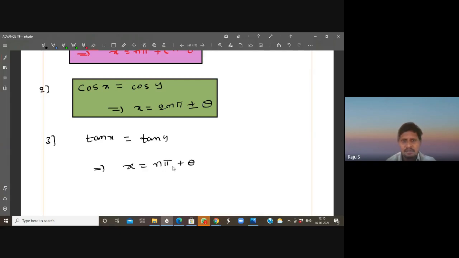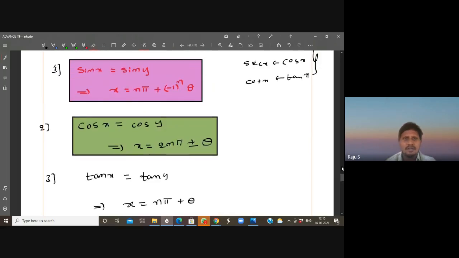Clear, students? So the general solution is what? x is equal to n pi plus... You should not actually write theta here. I have written sin x is equal to sin y so that all of you remember, in place of theta you should write y.